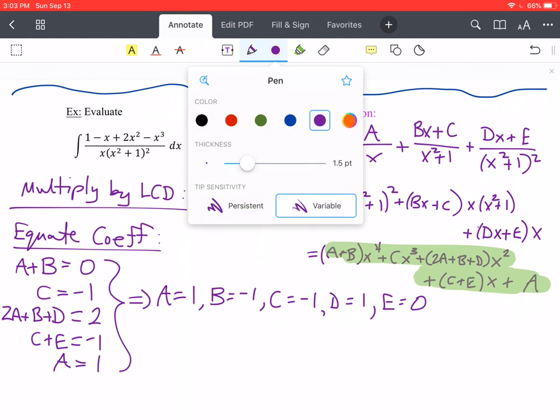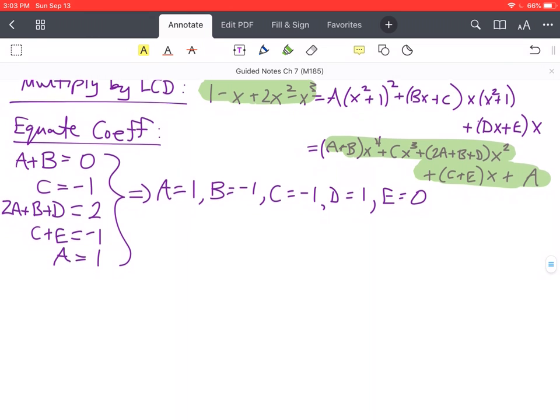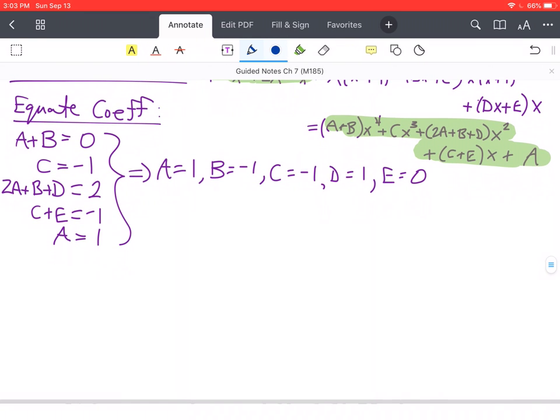Okay, so let me change my color here and set up this integral. So we've got the integral of 1 minus x plus 2x squared minus x cubed over x times (x squared plus 1) quantity squared dx.